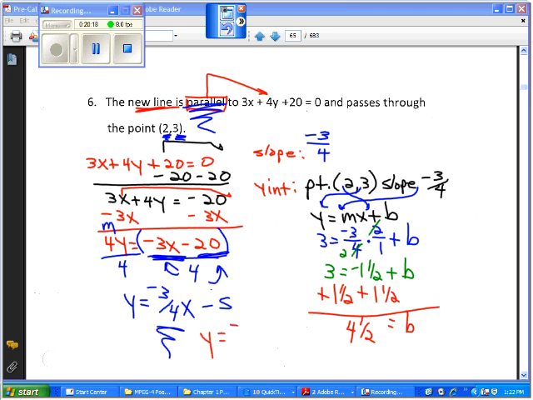My new line is y equals slope negative 3/4 x plus the y-intercept of 4 1/2, which we could have written as 9/2, correct? Any questions on number 6? Parameter changes involving parallel and perpendicular lines. Okay.